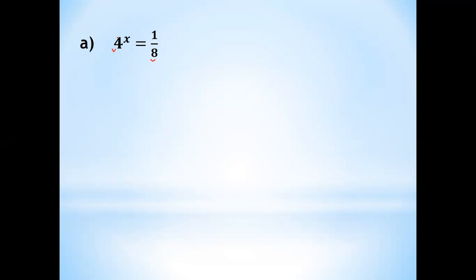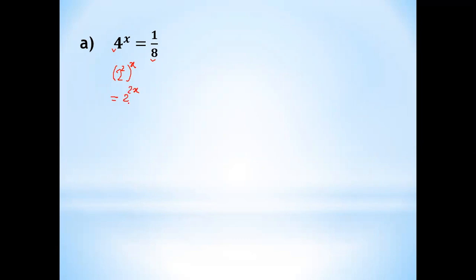So if we apply the idea of making the base the same, then the left hand side will be 2 to the power 2 in place of base 4. But there is already a power x over the 4. So if we apply the power law, eventually it will be 2 to the power 2x. That's right.